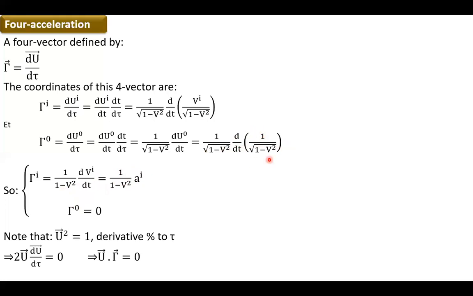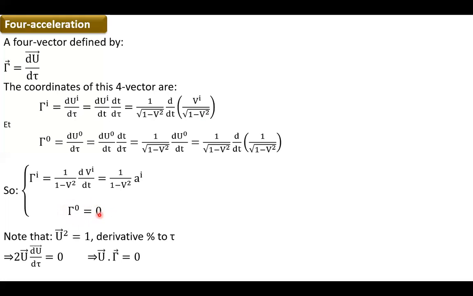This is a constant, so it doesn't depend on time. That's a constant. v is the speed of the frame. So the derivative with respect to time is 0. So gamma 0 is equal to 0. And you should know this because you can never have an acceleration along the time axis.